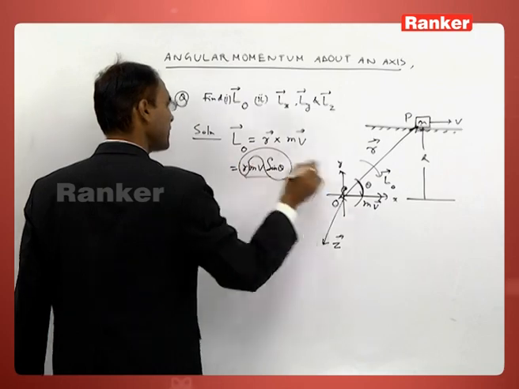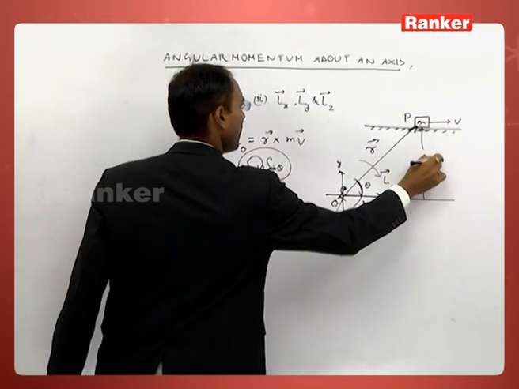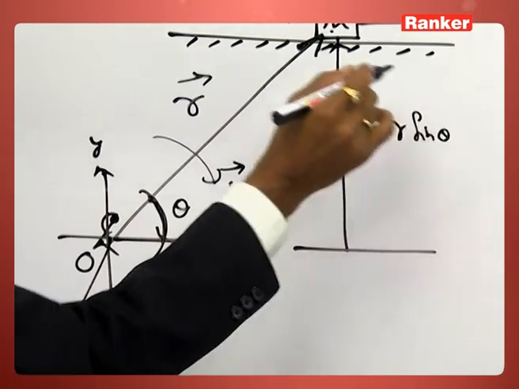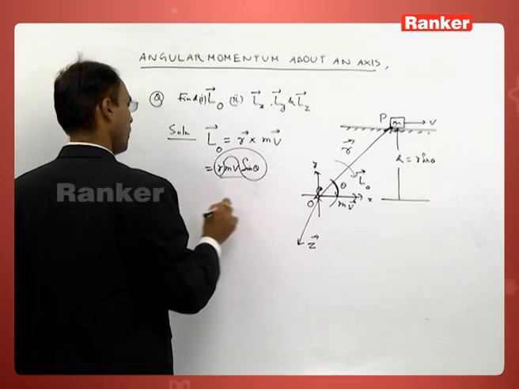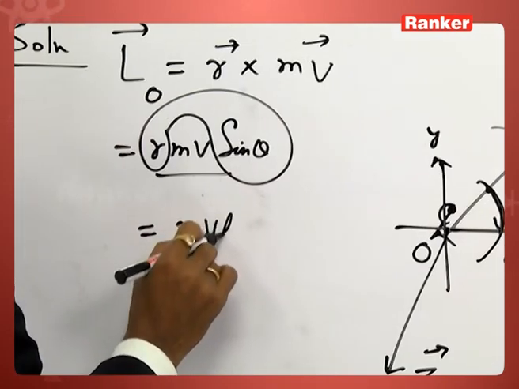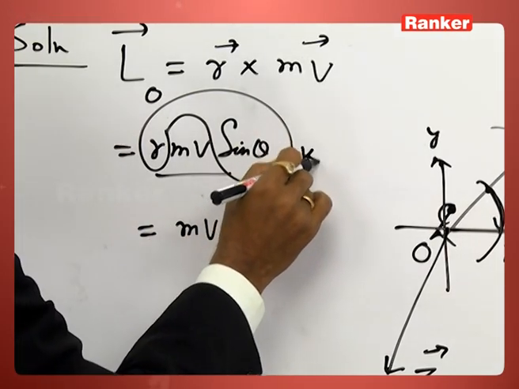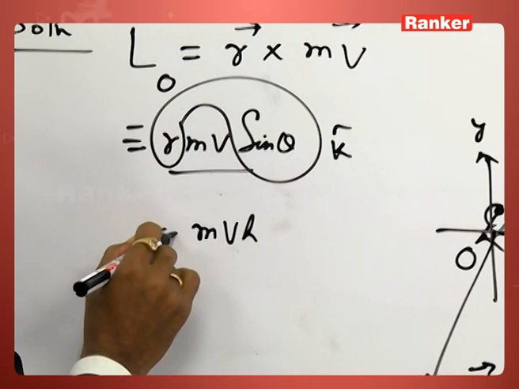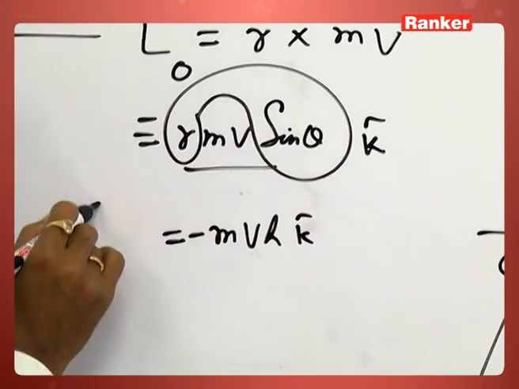Here r sin theta can be written as h, the height of the block with respect to the origin, so mv into h, in minus k cap direction.